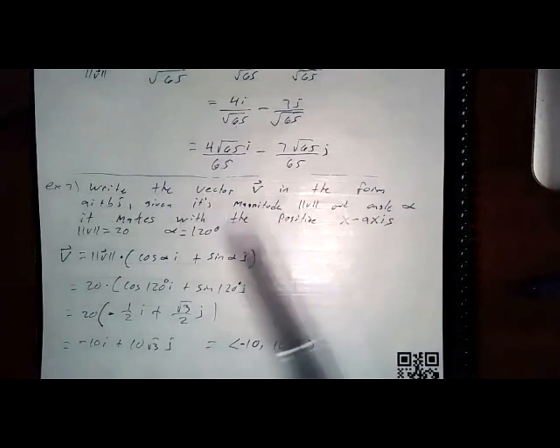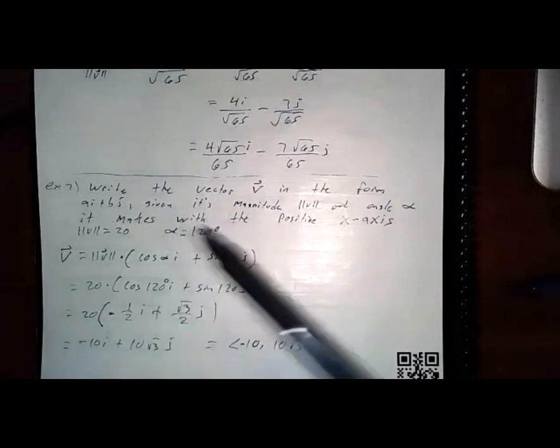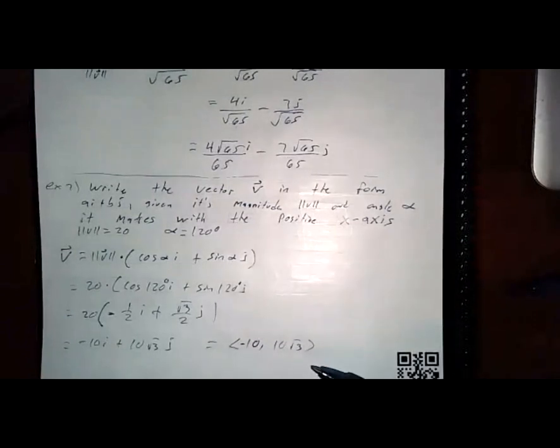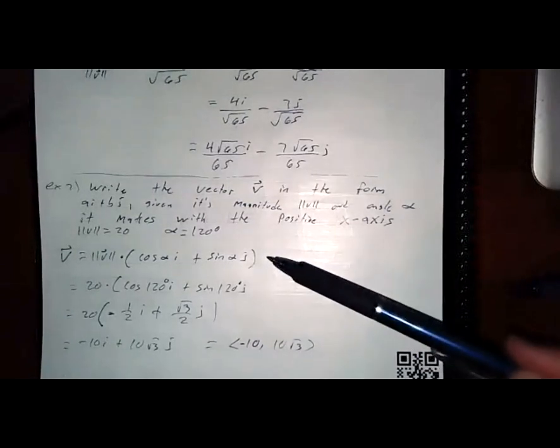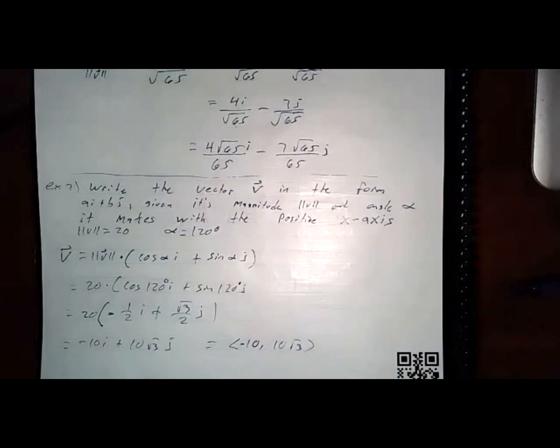But you see how given the magnitude and angle, we were able to actually create the vector using this formula. So given 2 points, we were able to find a vector. Given a vector, we found magnitude. Given magnitude and an angle, we found the vector itself.